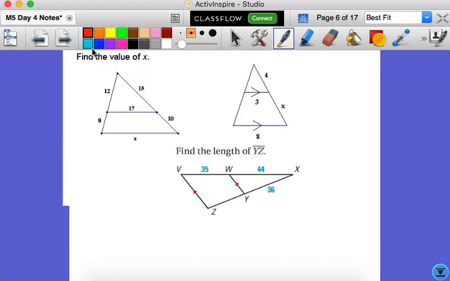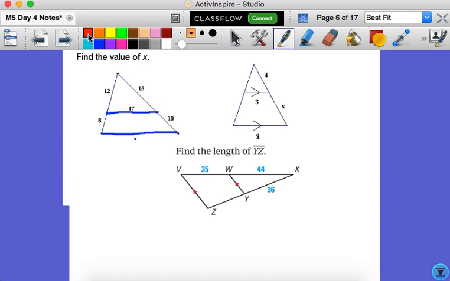So when I look at this first example here, using the proportionality theorem, I'm not going to touch the 17 and the x for that proportionality theorem. For those, I'm going to have to use what I've done in previous examples where I look at the entire triangle. However, I can use my proportionality theorem for some of the other examples throughout the notes.